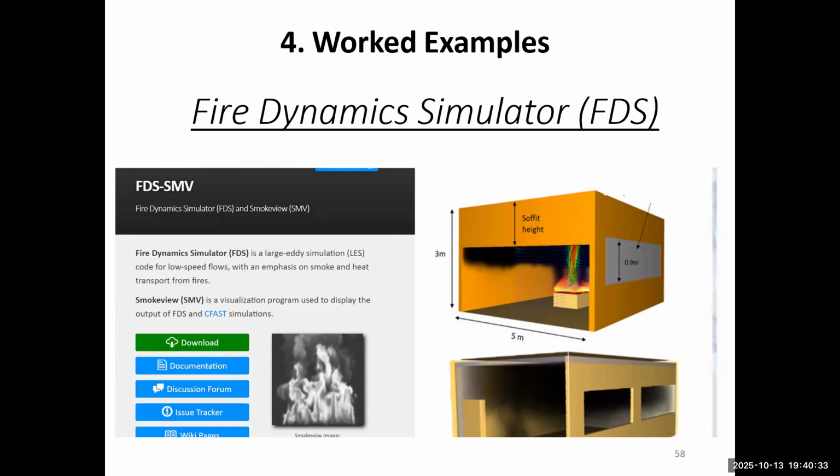We can also use Smokeview, SMV, to visualize our fire simulation results, such as the smoke movement, the temperature profile, and some other impacts. So these are the tools we use to calculate ASET and RSET and to model the fire and the smoke spread.